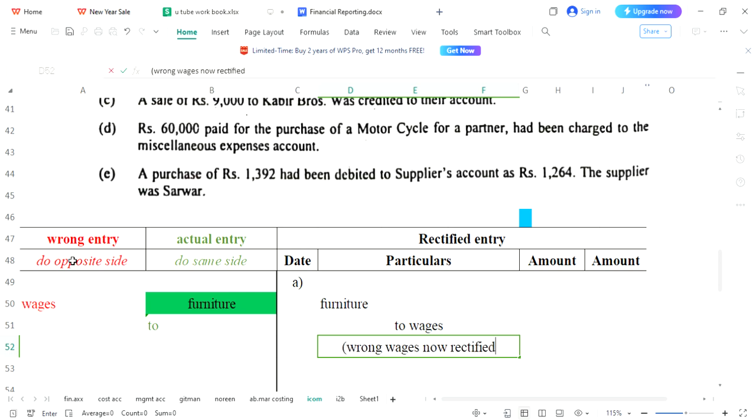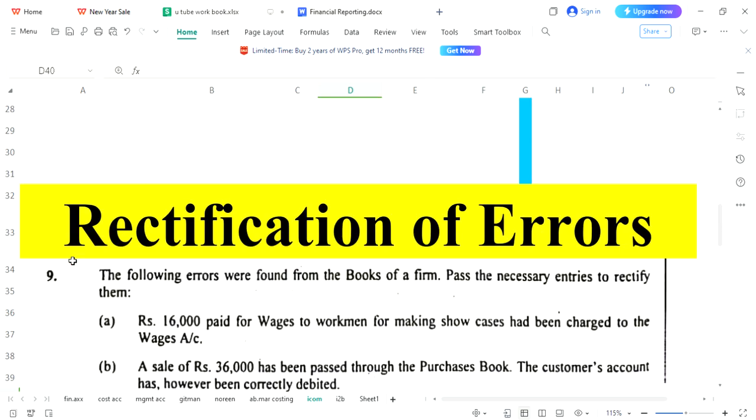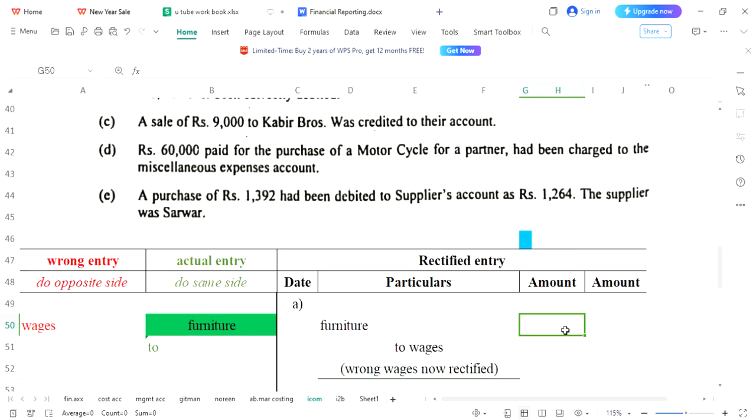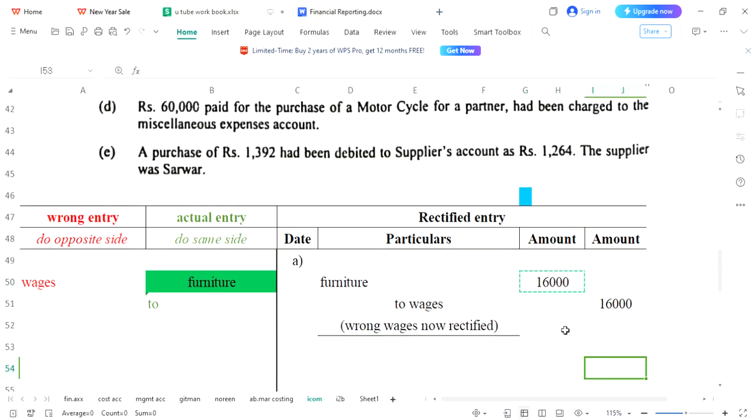In this way, our first entry has been completed. Let's check the amount: 16,000 would be written on the debit side and the same amount we will write on the credit side. The first entry has been completed, which is furniture to wages.